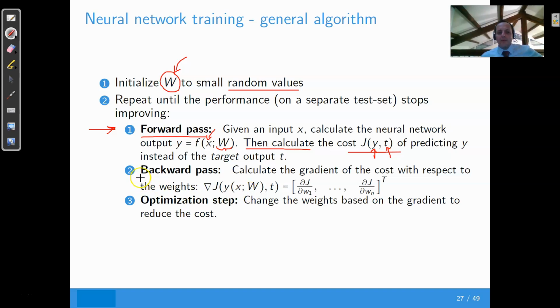And then we introduce also a phase which is called backward pass. So backward pass refers to the way to calculate the gradient of the cost function with respect to the weights, because if you want to minimize, as in mathematics, in order to find the minimum of any analytical function, normally you compute the gradient or the first derivative of this function.